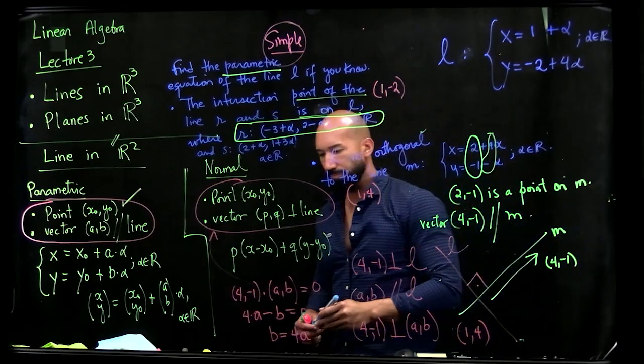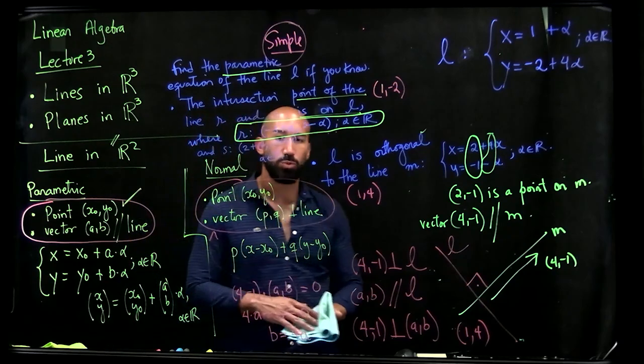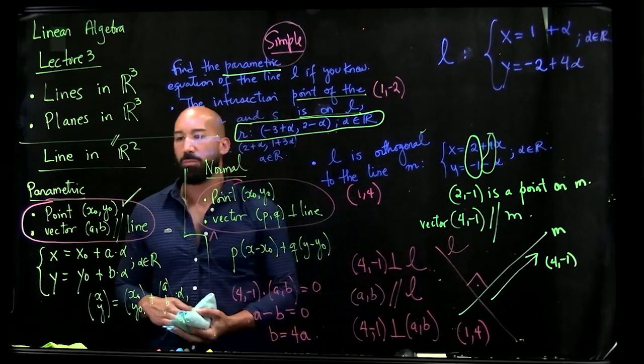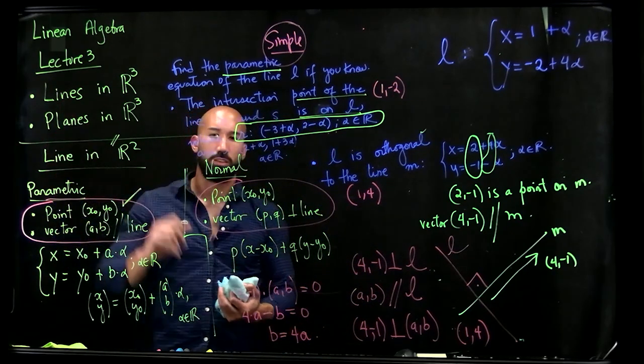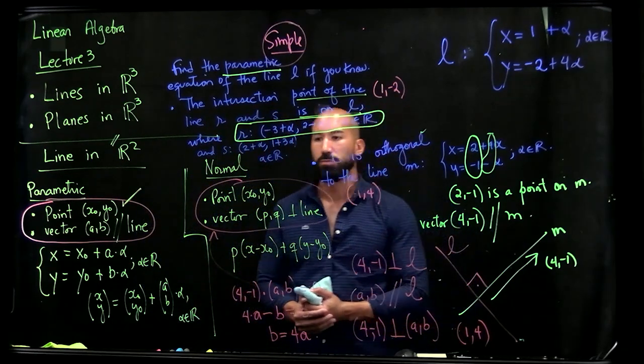Is that okay? All right. So now we are in conditions to move forward and describe lines in R3. All right?